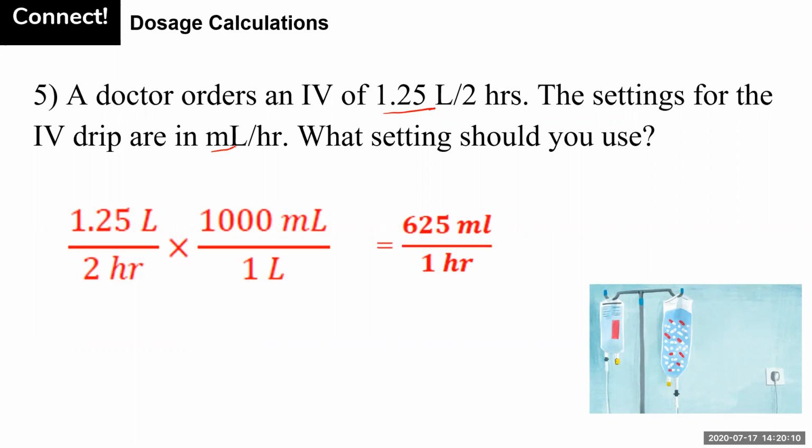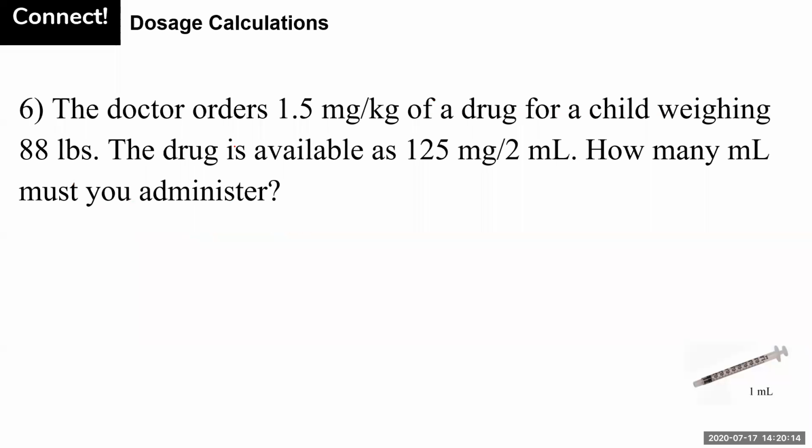And then finally, we look at the last problem under dosage calculations. The doctor orders 1.5 milligrams per kilogram of a drug for a child weighing 88 pounds. The drug is available as 125 milligrams per 2 ml. How many ml must you administer?